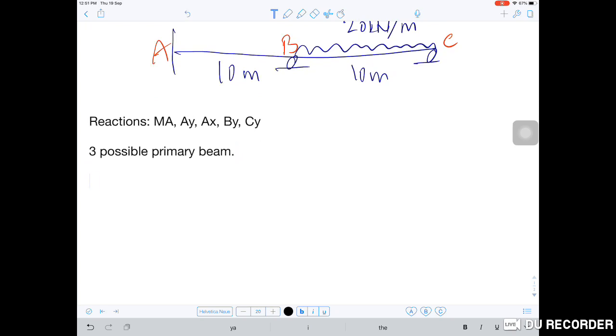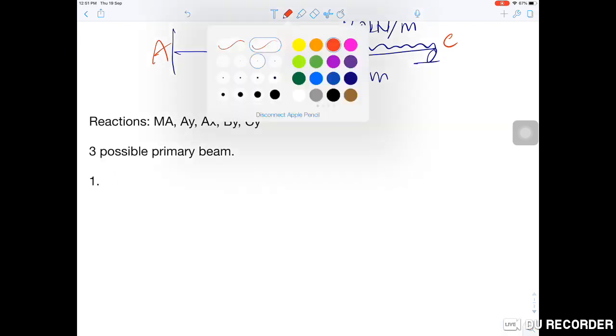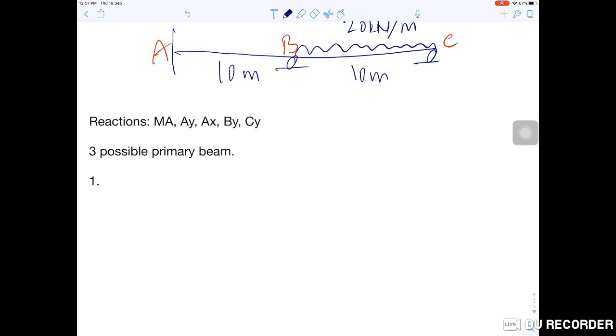Number 1, we have a cantilever beam plus BY plus CY. Possibility number 1.